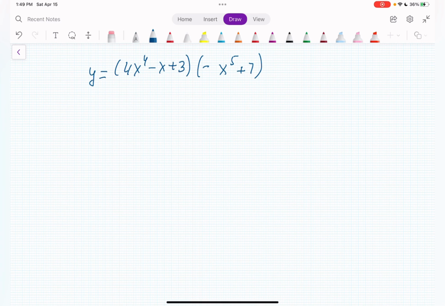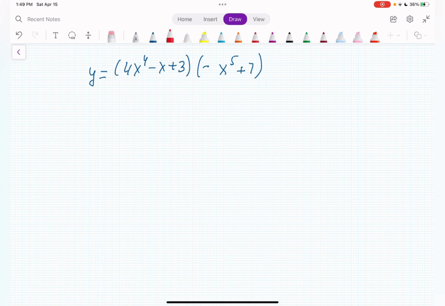You have two options here to get the derivative. In one case, use the derivative of a product. In the other case, just do regular multiplication of the two parentheses, and then you will have a long line of terms and take the derivatives one after another. Okay, I'm going to follow the product rule.